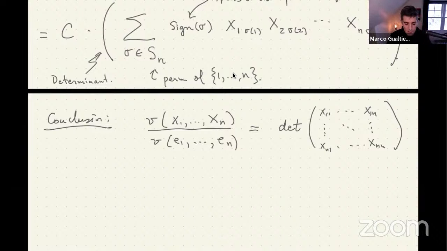So there is an intimate relationship between the determinant and volume, and this is what it is. There is such a thing as a volume. It's a multilinear function on a vector space, which satisfies the fact that it's 0 on repetitions. It's a totally anti-symmetric multilinear function on a vector space.